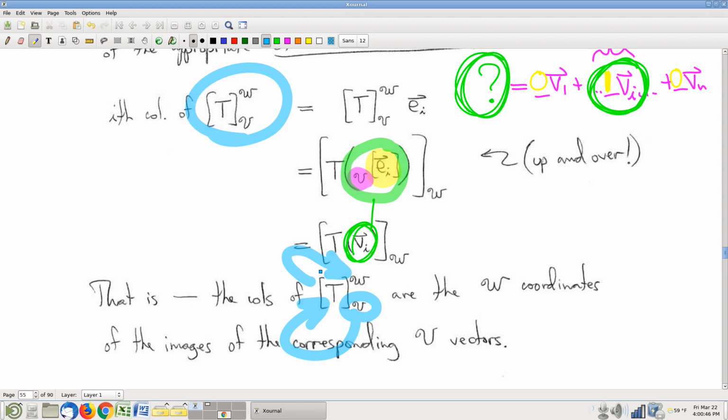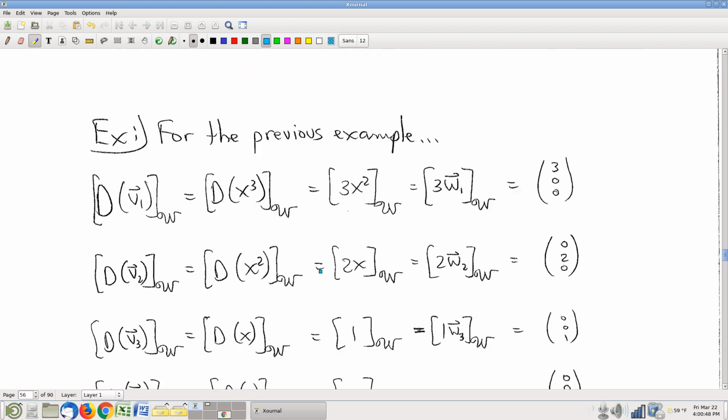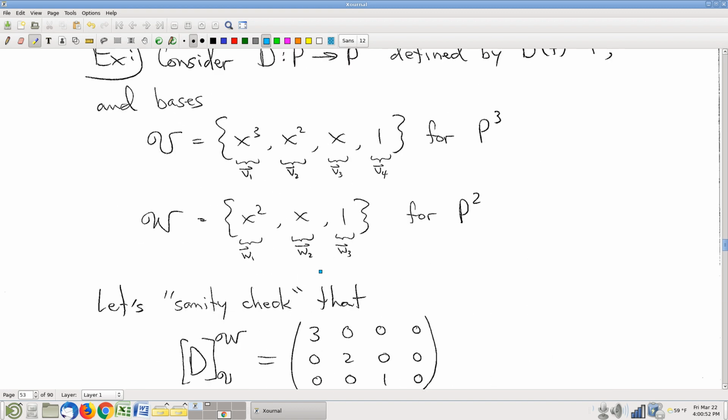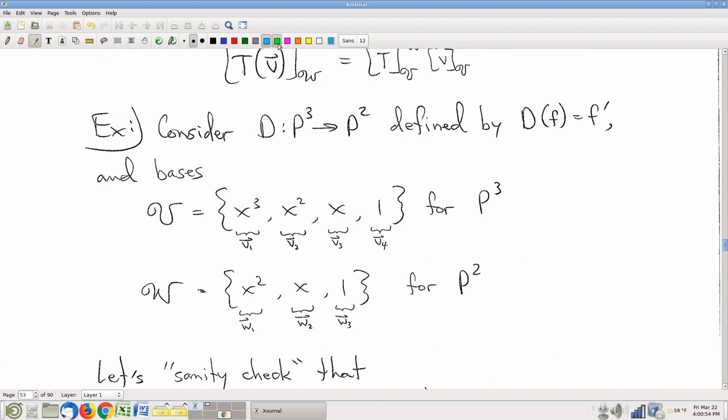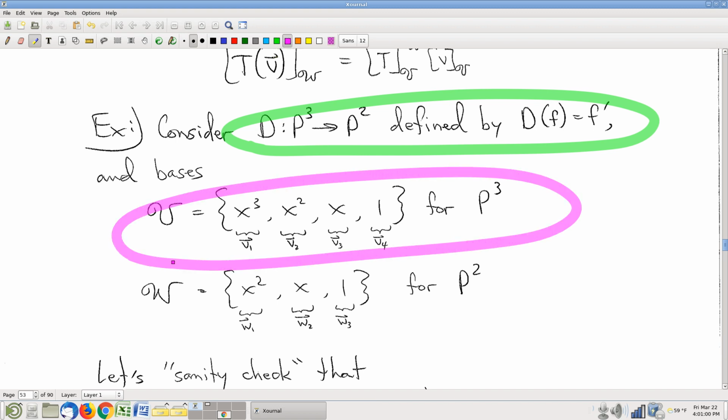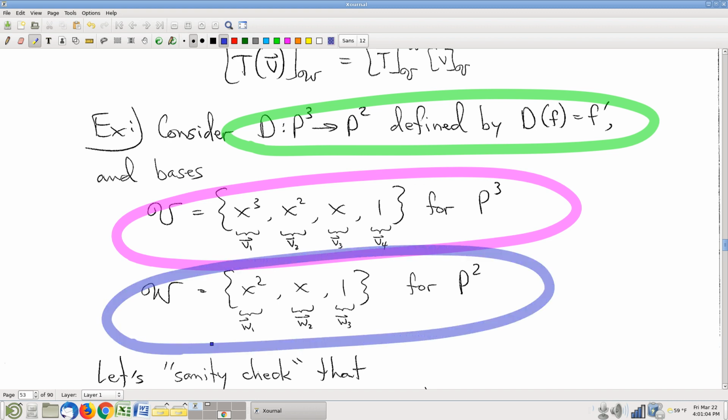Let's get our hands dirty and do one, see what this actually looks like. Let's recall our previous example. We're looking at the linear transformation that is differentiation. Here's our input basis, here's our output basis.